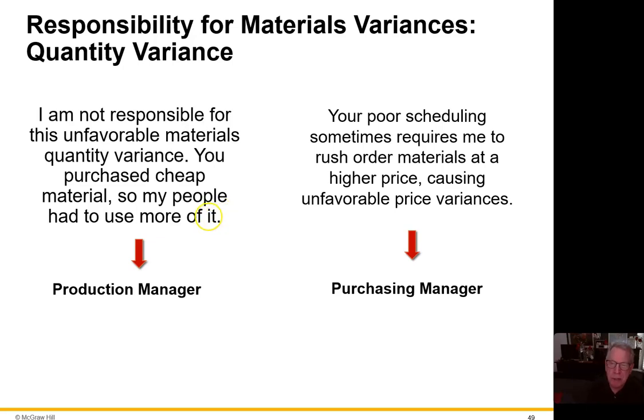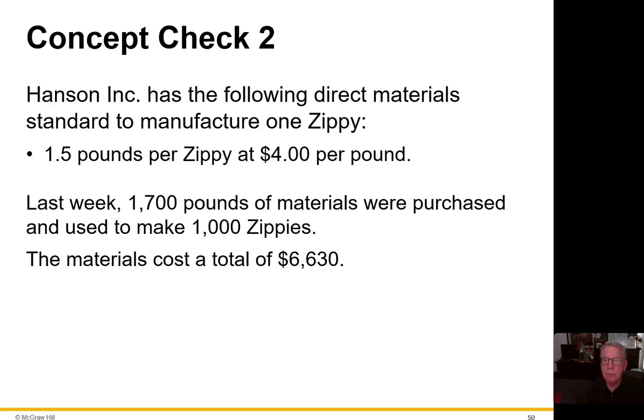You purchased cheap material, so my people had to use more of it. And then the purchasing manager may say, your poor scheduling sometimes requires me to rush my materials order at a higher price, maybe higher shipping as well, causing unfavorable price variances. All those things need to be analyzed carefully.